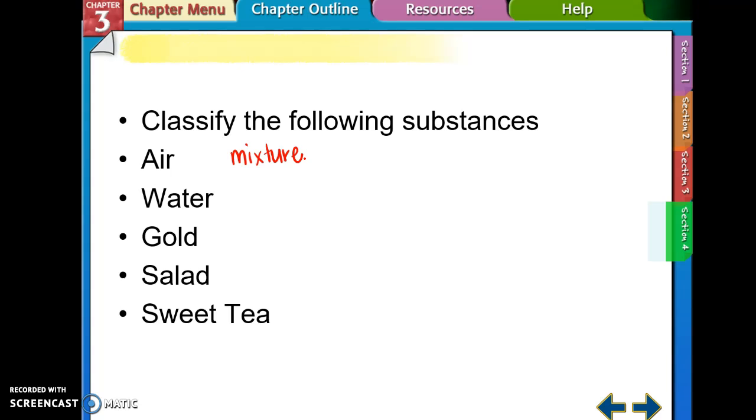I'm going to say the air in Nashville is heterogeneous because in certain areas you're going to have more oxygen. In other areas you're going to have more pollution from cars. However, if I said air on the International Space Station, it would be homogeneous because it's always run through a filter. But it's definitely a mixture, and I'm going to make the argument that it's heterogeneous.